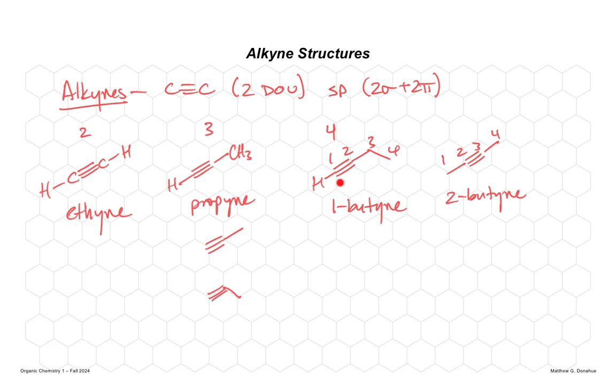So 1-butyne is considered a terminal alkyne because it's at the end of the chain and you have this CH group. The 2-butyne is internal because carbons 2 and 3 are both bonded to carbon.